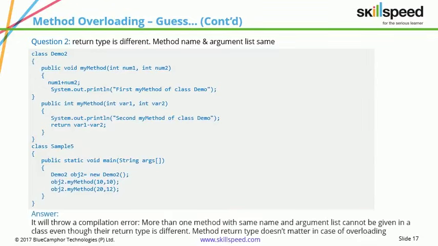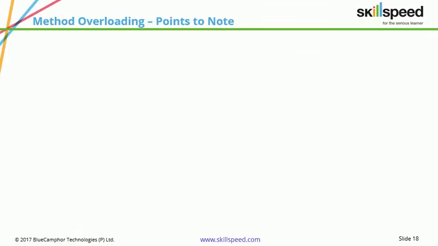Will it be valid? The answer is no. It will throw a compilation error. Why? Because here we have more than one method with the same name and the same argument list, which cannot be given in the class even though the return type is different. Method return type does not matter in case of overloading.